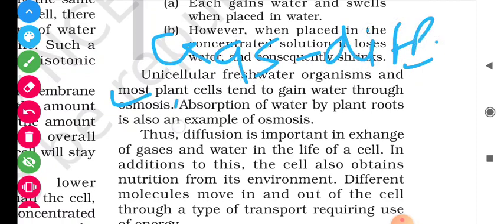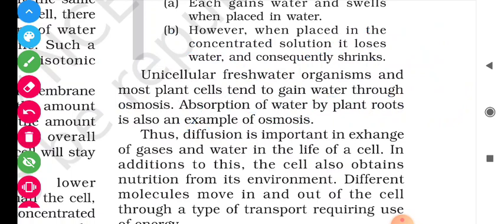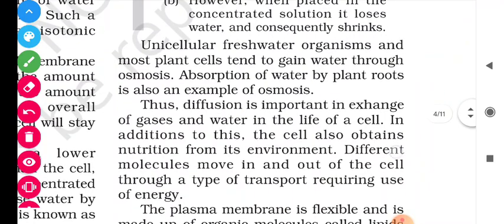But when the liquid or water transport takes place, that process is called osmosis. Absorption of water by plant roots is also an example of osmosis. By the roots of the plant there is water absorption, and it is also called osmosis.